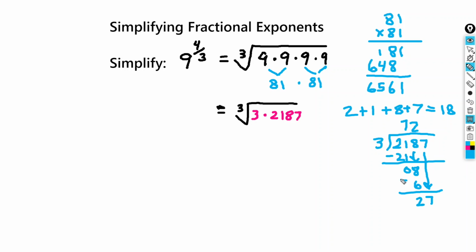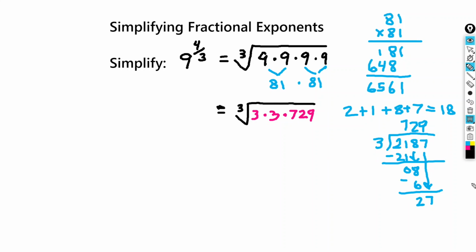And 3 goes into 27 evenly 9 times. So we get 729. So we can write this as 3 times 3 times 729.